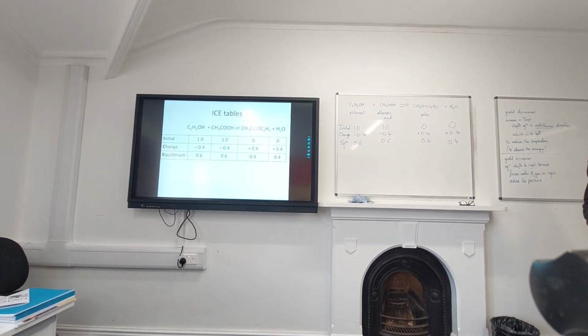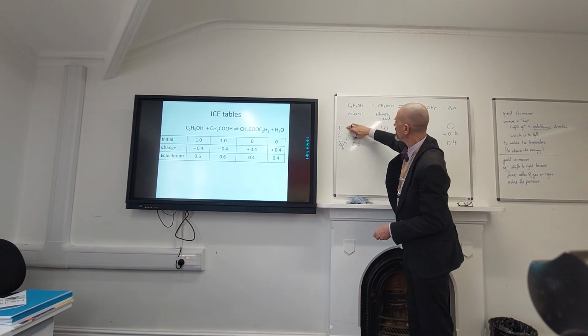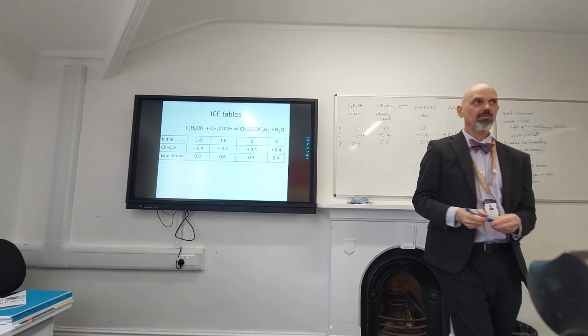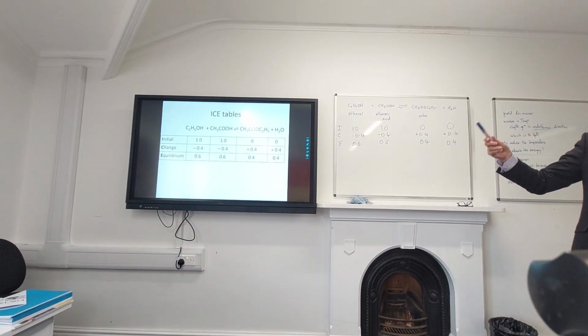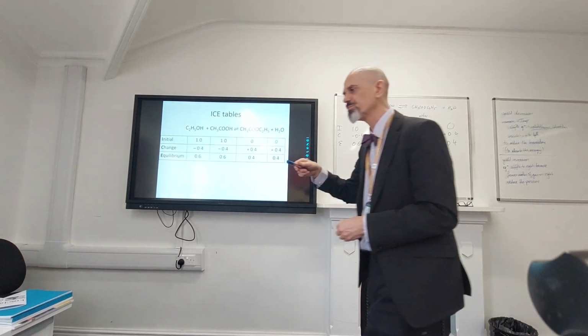Everyone with it so far? So this is why it's called an ice table. Because we have that initial state, we have the equilibrium state, and between the two we have the change.